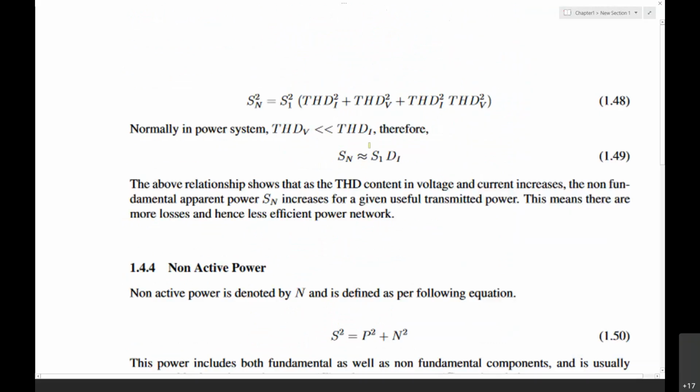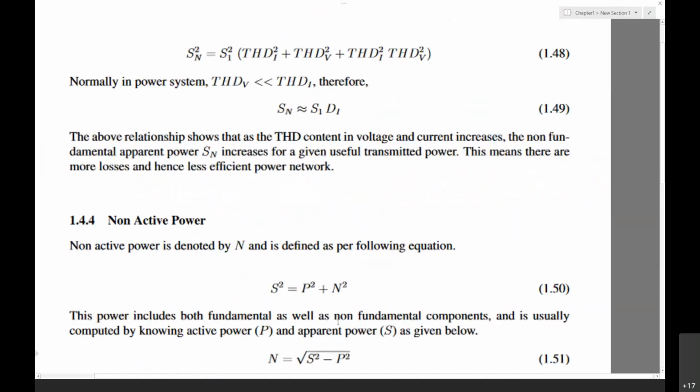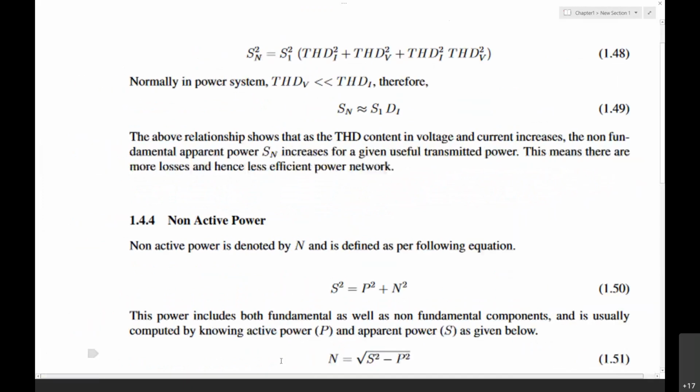Now this SN is equal to, we can make out the S1 as common over here, and we can take out THD in current square and THD in voltage square.